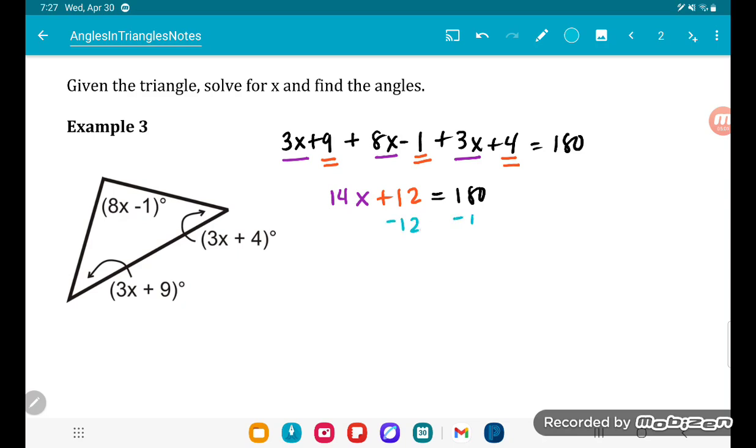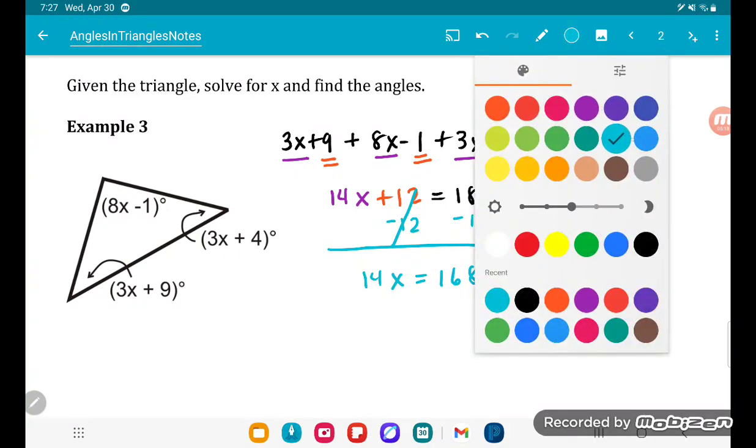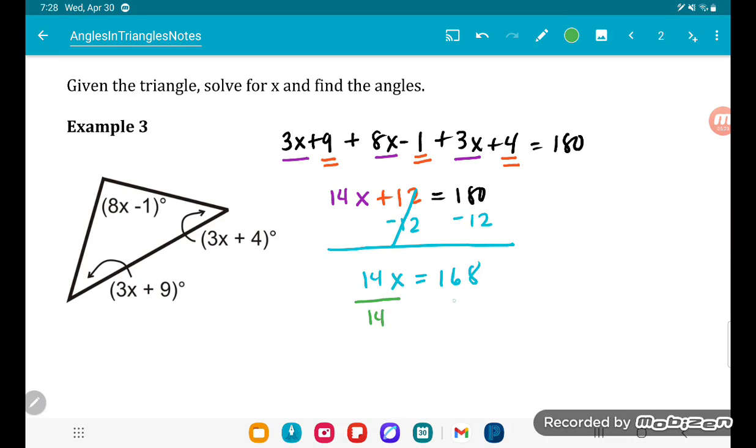So now subtract 12 from both sides of the equation. I have 14x equals 168 because 180 minus 12 is 168. Now we're going to divide both sides of our equation by 14, and 168 divided by 14 is 12.